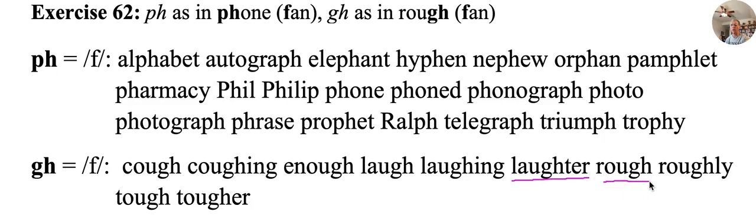Next is rough. Like you were in a car and the road was very rough. Roughly. If you write a story roughly, maybe just write a little bit of it and work on it later. It's called a rough draft. If you treat somebody roughly, you don't treat them very nicely. Next one is tough.